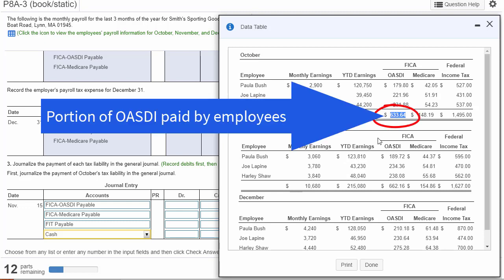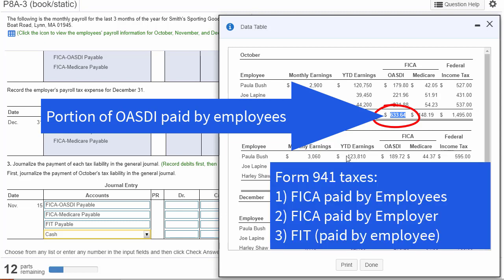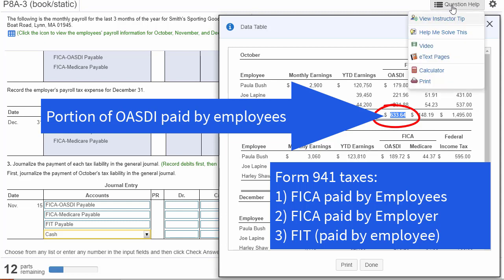This 633.64 is the OASDI that the employee paid. Now remember, for Form 941, we pay FICA, FICA, FIT. Again, I say FICA twice because we have the employee portion, 633.64, plus the employer portion, again 633.64. So I'm going to have to double that.